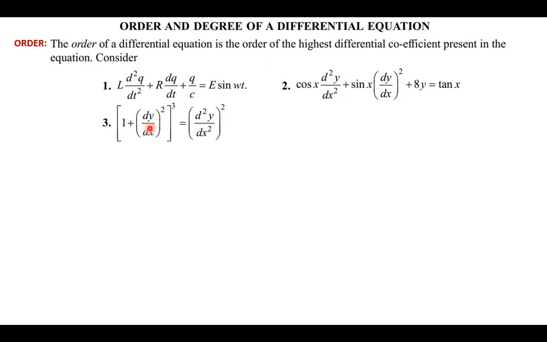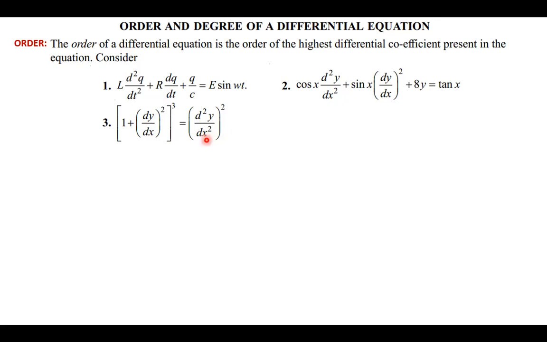And then the degree is simply the power of the highest order of any given differential equation. So when you look at this equation number 3, I hope you are all able to see the pointer. The highest order here is 2, since we have d²y/dx², so the order of this equation is 2.